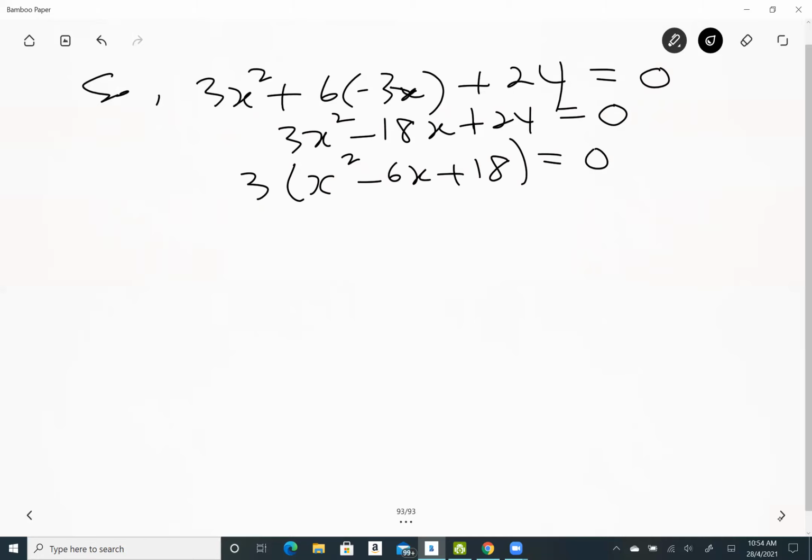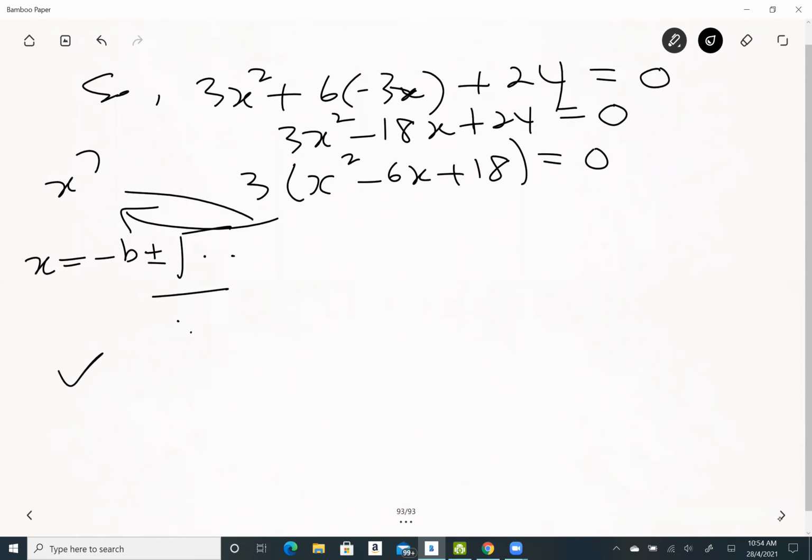So now what you do, you find the roots. Find x for which the equation is equal to 0. So you look at the formula. If you're not sure, you look at the formula, x equal to what? x equal to negative b plus or minus the square root, whatever, divided by something. So check that. Now this one is very important, so make sure you check.